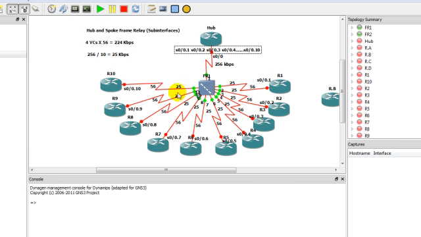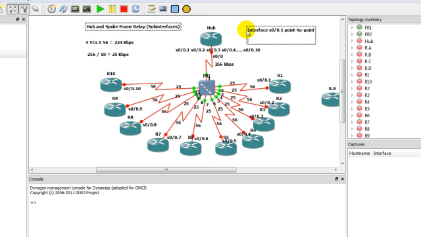It spoke about hub and spoke Frame Relay sub-interfaces. So in this sub-interface, you have to configure it like this, maybe in interface serial 0.1 point-to-point.